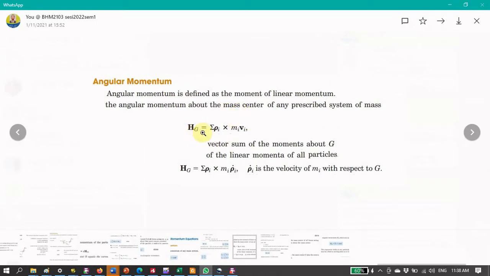That is defined by the relative position times the cross product with the linear momentum at each location. So the angular momentum about the mass center is a summation of the moments of all linear momenta, because momenta means the plural of momentum, of all particles.